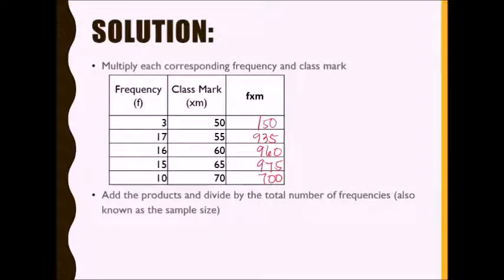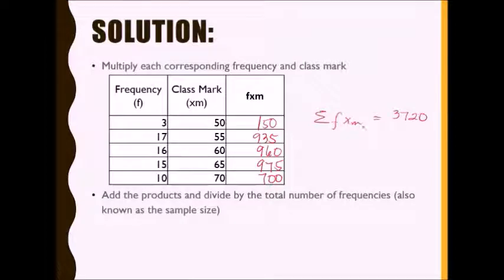So we have 150 plus 935, plus 960, plus 975, plus 700. The result is 3,720. So the summation of the product of the frequency and the class mark is 3,720.